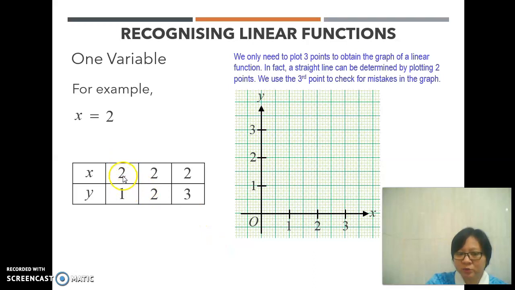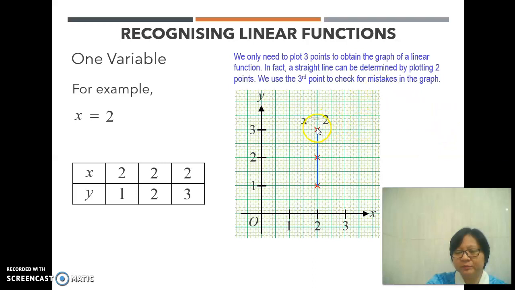The first column, 2, 1. Move to the right 2 steps, and then climb up 1 step. And then 2, 2, climb up 2 steps, and then 2, 3, climb up 3 steps, and then connect the points. x is equal to 2.